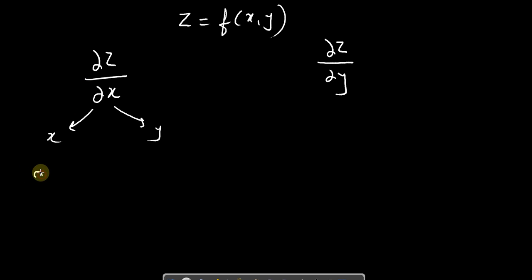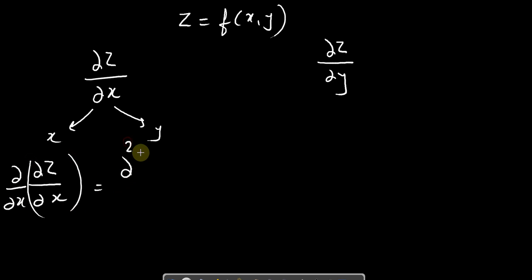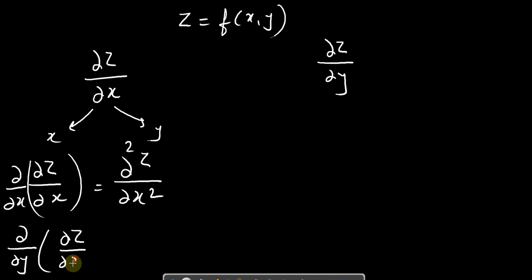If we differentiate this partially with respect to x, we get dou square z by dou x square. And with respect to y, we get a second order derivative, dou square z by dou y dou x.